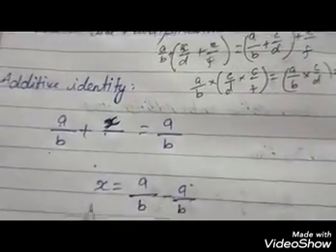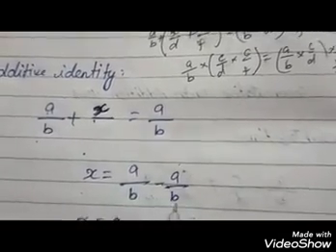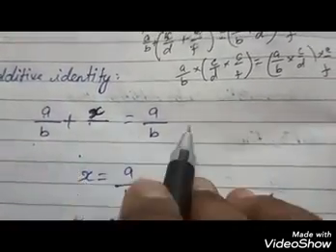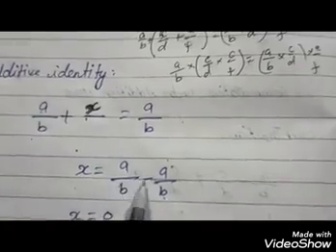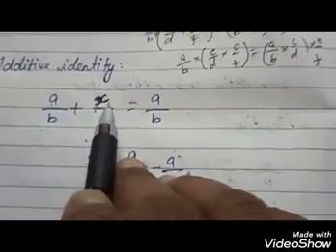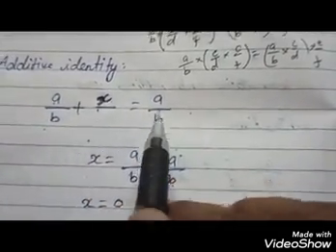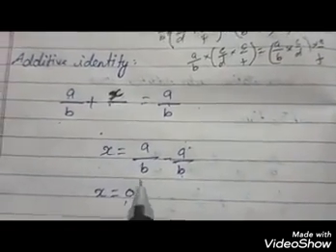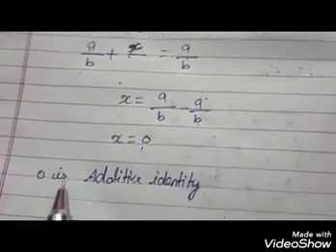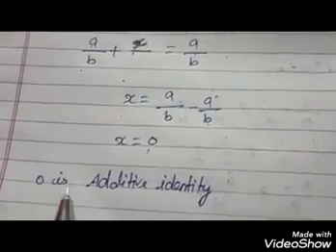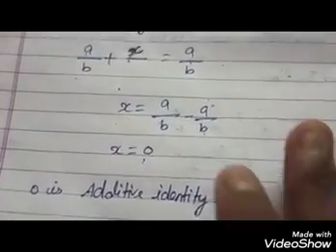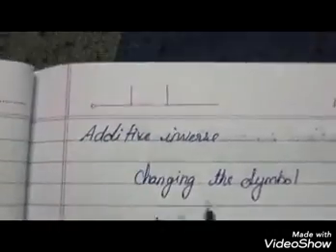So x is a by b minus a by b, because it is in addition, so it becomes subtraction. a by b minus a by b becomes 0. Now a by b plus 0: anything you add with 0, you get the same value. So 0 is the identity. Therefore 0 is the additive identity.